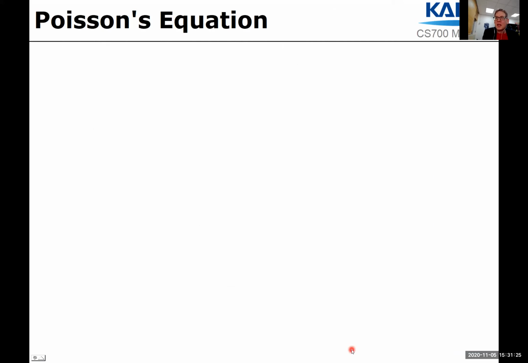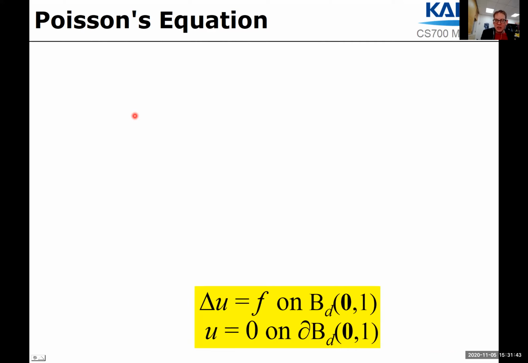Okay, so let's spend the remaining 15 minutes of today's session understanding why and in what sense Poisson's equation is #P-complete, characterizes #P in the same way that indefinite Riemann integration does. So here's for your convenience again our equation, now formulated in the d-dimensional Euclidean unit disk.